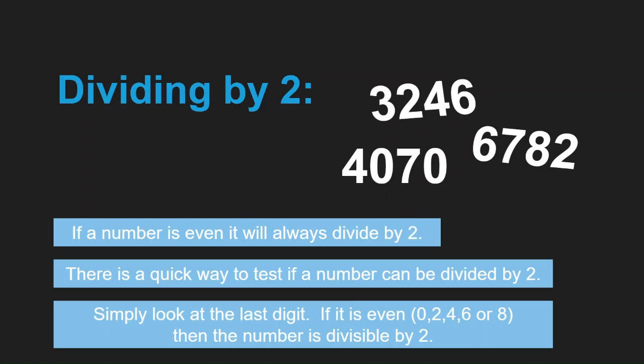Anything that ends in an even number, you can divide by 2. That's simple enough, hopefully. So there you go. Look at the last digit. There's a 6, a 2, and a 0, so all 3 of those numbers would be divisible by 2.